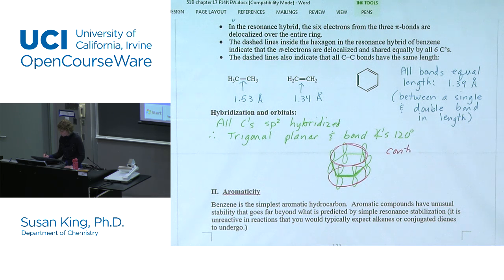So continuous overlap of the p orbitals, kind of like a donut on the top and a donut on the bottom.